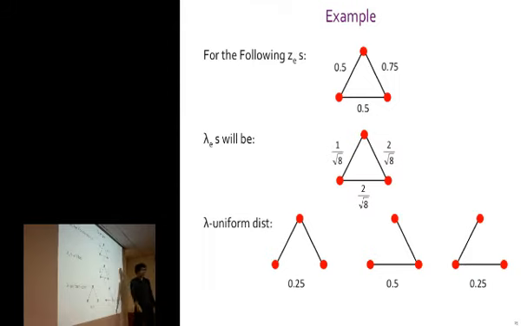So we get 3 trees. The probability of this edge, for example, is contained in these 2 trees, each with probability 1/4, so the probability of this edge is 1/2. So we assign lambda values such that the corresponding distribution has the same marginal probabilities.